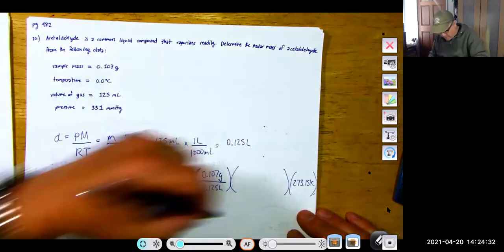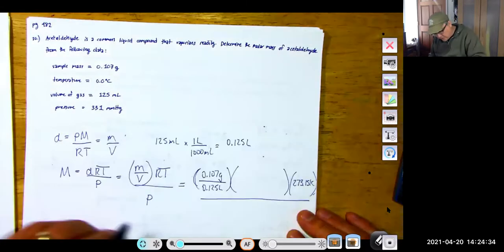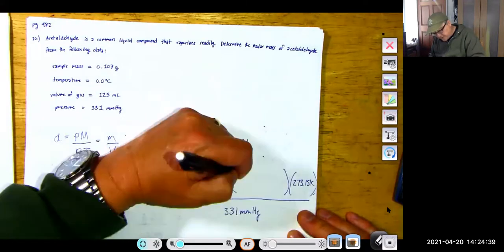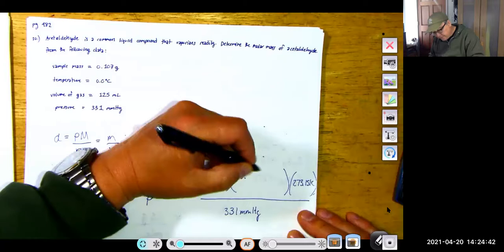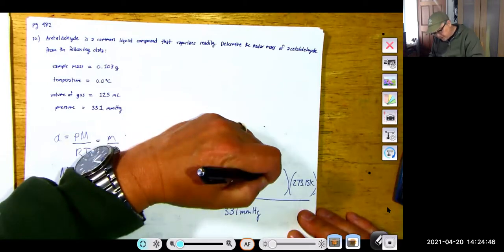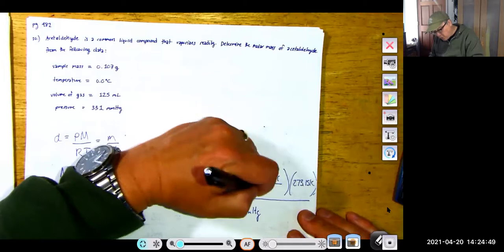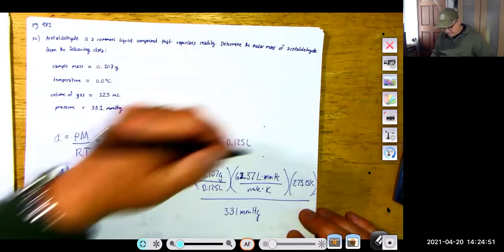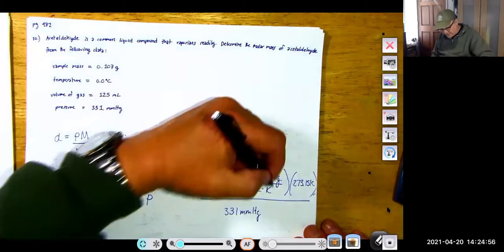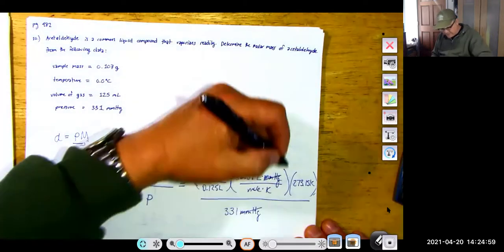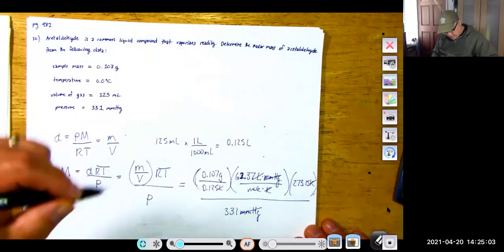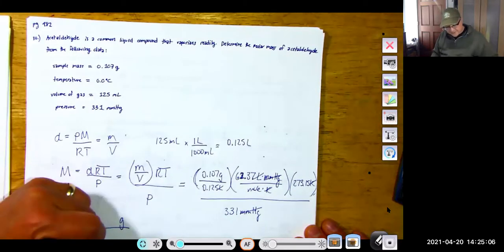And then my pressure is going to be 331 millimeters of mercury, which makes me want to use the 62.37 liters millimeters of mercury per mole per K. So we can see that the millimeters of mercury cancel, the K's cancel, the liters cancel, and we'll be left with grams per mole, which is what we want for molar mass.